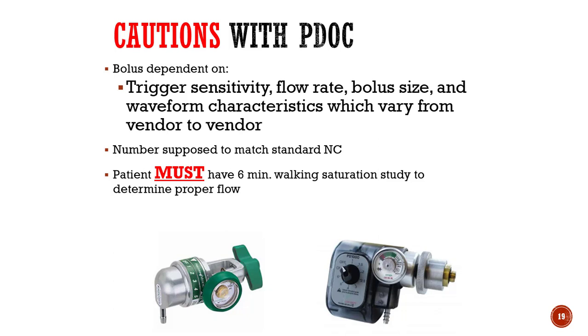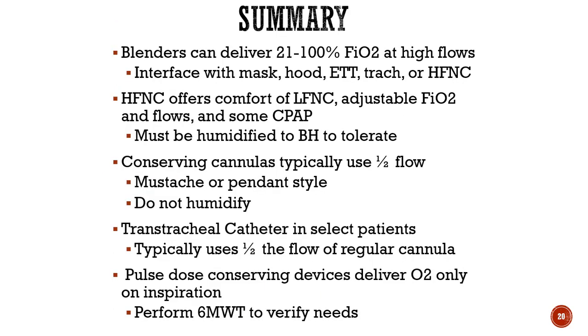We put one of these on their tank, we put them on what they're supposed to be on, and they do a 6-minute walk. If they don't desaturate in that 6 minutes, we consider that that is working well for them. Then they can qualify to get one of these special regulators, and that is a way for them to conserve their tank more.